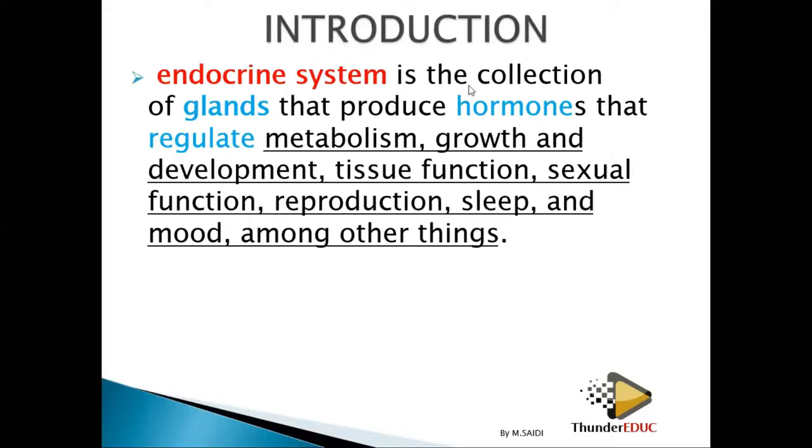The endocrine system is a collection of glands. It means that we have different glands that produce hormones, which are very important in regulating metabolism, growth, development, tissue function, sexual function, and others. So your normal functioning is a result of these hormones which are brought about by these glands found inside our body.